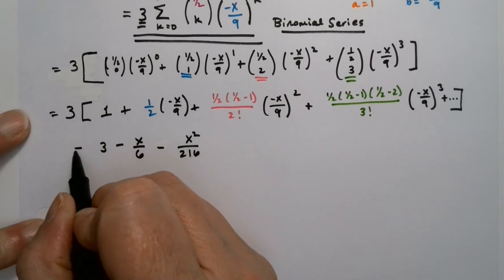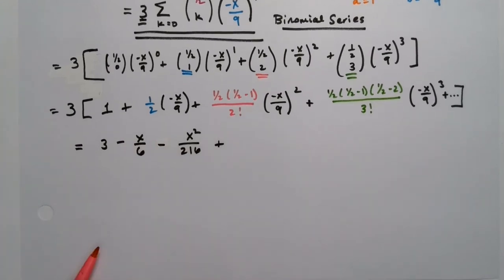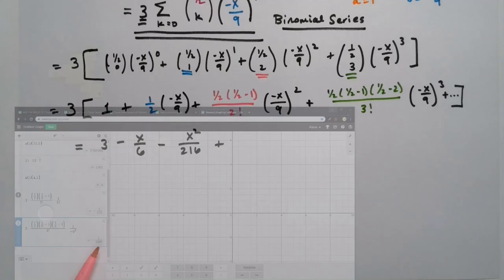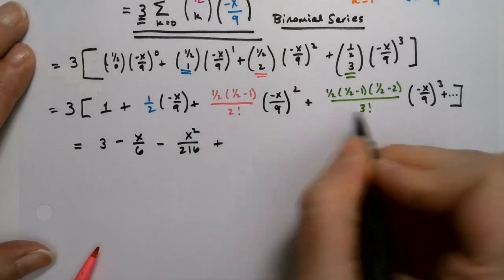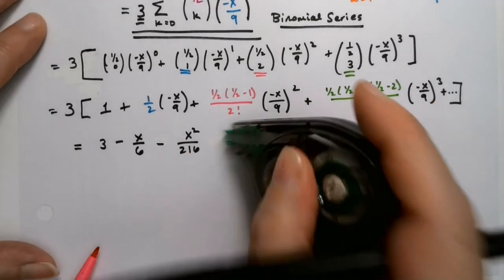And then, let's see here, plus, and then I have to do it all again for that next term. And there you can see it in Desmos. So 3 times, because there's the 3 out in front, a 1/2 times a 1/2 minus 1, a 1/2 minus 2 over 3 factorial, all times 1 over negative 9 to the 3rd would be negative 1 over 3888. And that'd be x cubed. So again, I have a plus, but I want a subtraction.